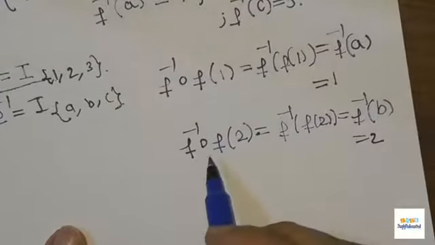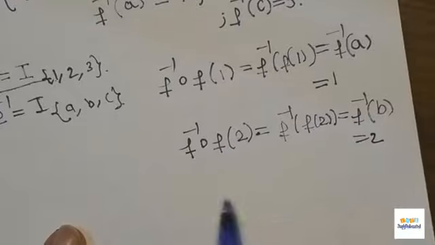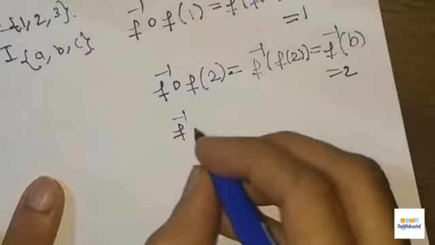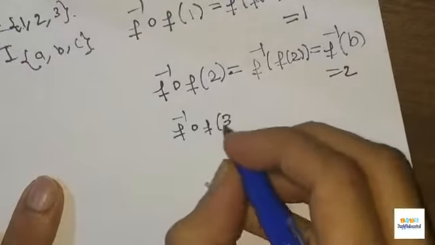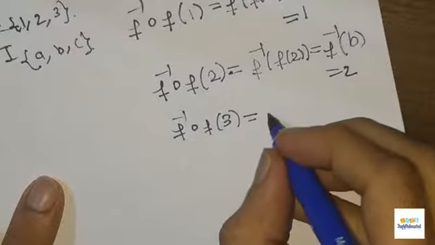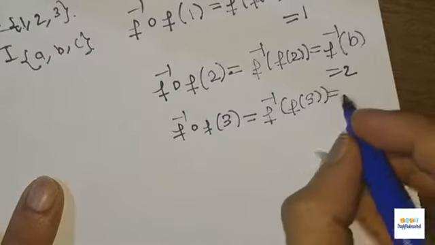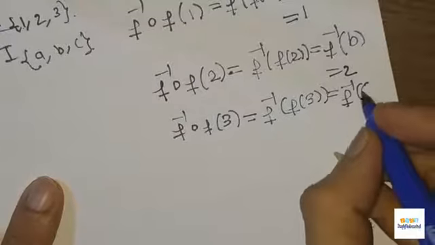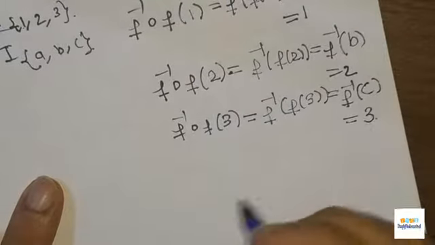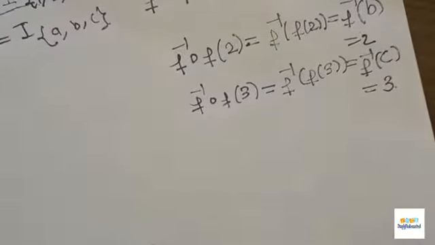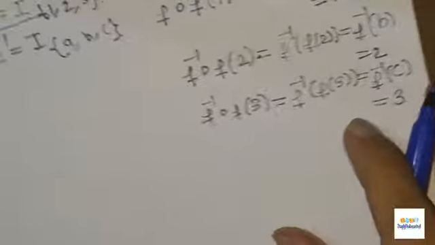So we are getting F inverse composition F of 2 is 2. Now we will check F inverse composition F of 3, which will be equal to F inverse of F of 3, which will be equal to F inverse of C, which will be equal to 3. So this we got.